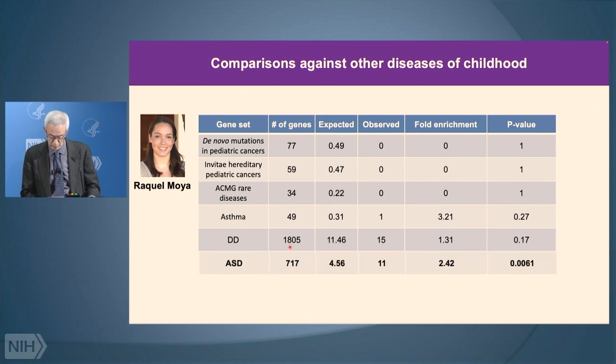But if we looked at autism, where there are 717 genes implicated by the Simons Foundation and other organizations, we expected to see an overlap of about 4.5 cases, but we saw an overlap in 11 cases, an enrichment with a highly significant p-value, telling us on genetics alone that the diseases that come up in SUDC are highly relevant to autism and vice versa.